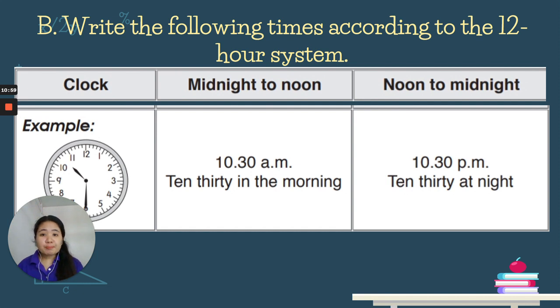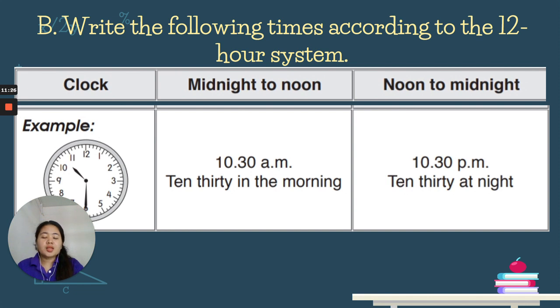Then if you write the PM, it's either afternoon or at night. So if you write 10:30 AM, it's already morning. If you write 10:30 PM, it's at night. So you don't have to add 12. It is still the same, 10:30 a.m., 10:30 p.m. Just the a.m. and p.m. is the difference.